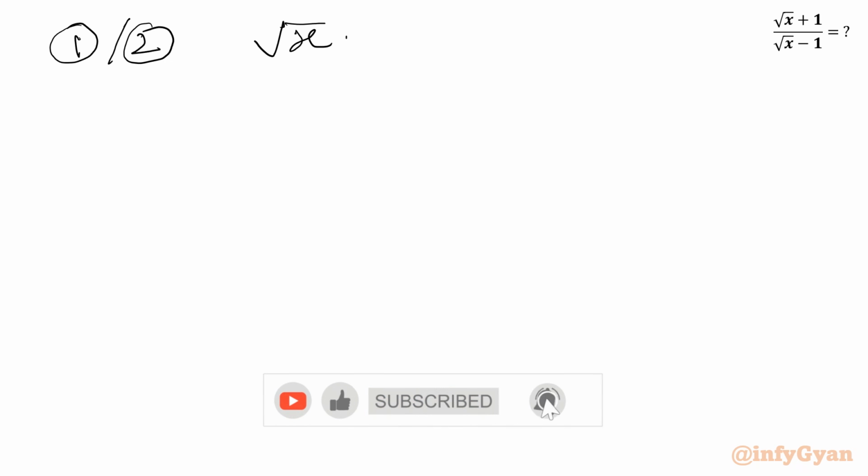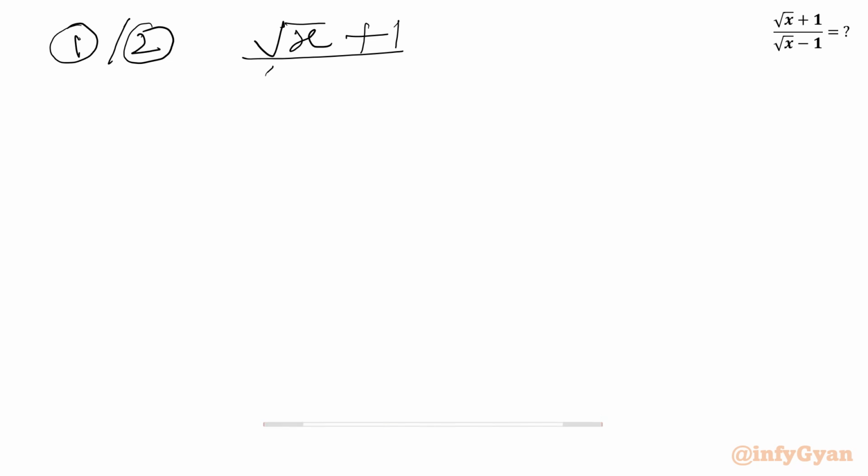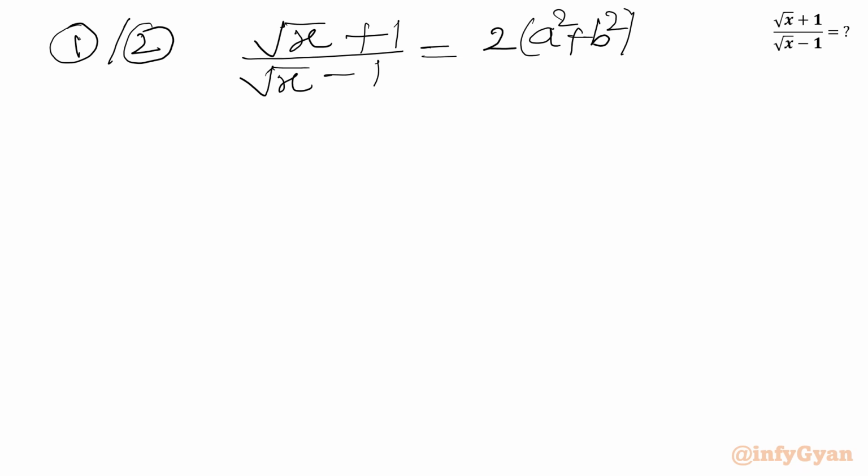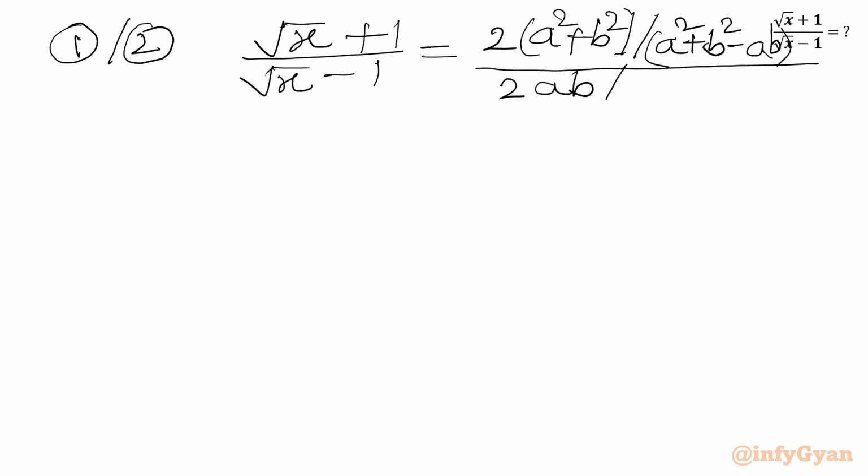So root x plus 1 over root x minus 1 will be equal to 2 times, in the bracket, a square plus b square divided by a square plus b square minus ab in the numerator, and in the denominator we will write 2 times ab divided by a square plus b square minus ab.